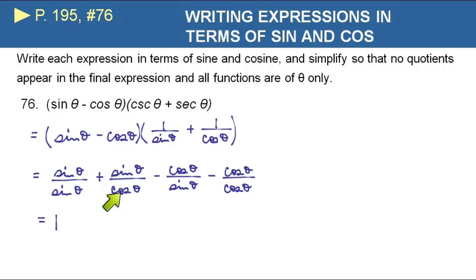Sine over cosine becomes tangent. Cosine over sine becomes cotangent. And cosine over cosine becomes 1. Now notice that 1 minus 1 will add up to 0. So we are left with simply tangent of theta minus cotangent of theta.